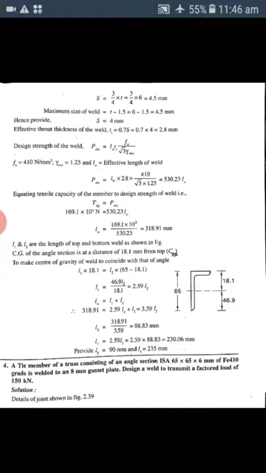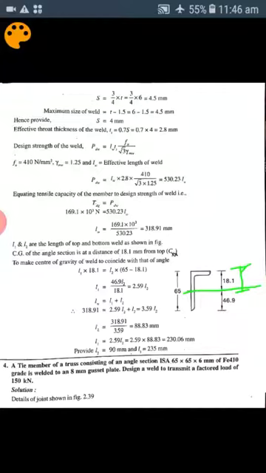This is to be taken from the steel table. So this 18.1, it is from the top to the center, CG. To make the center of gravity of the weld coincide with that of the angle, we have to apply Varignon's theorem.